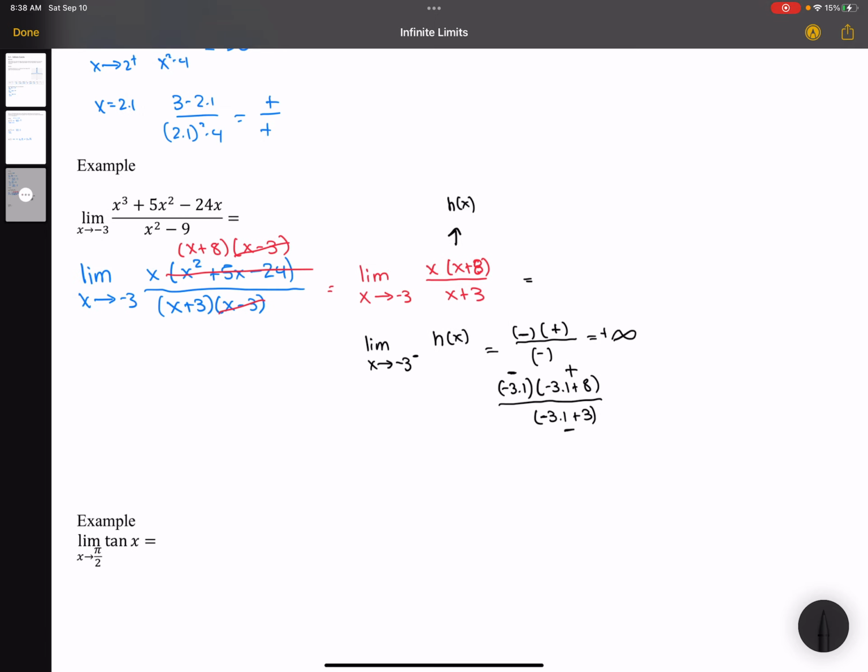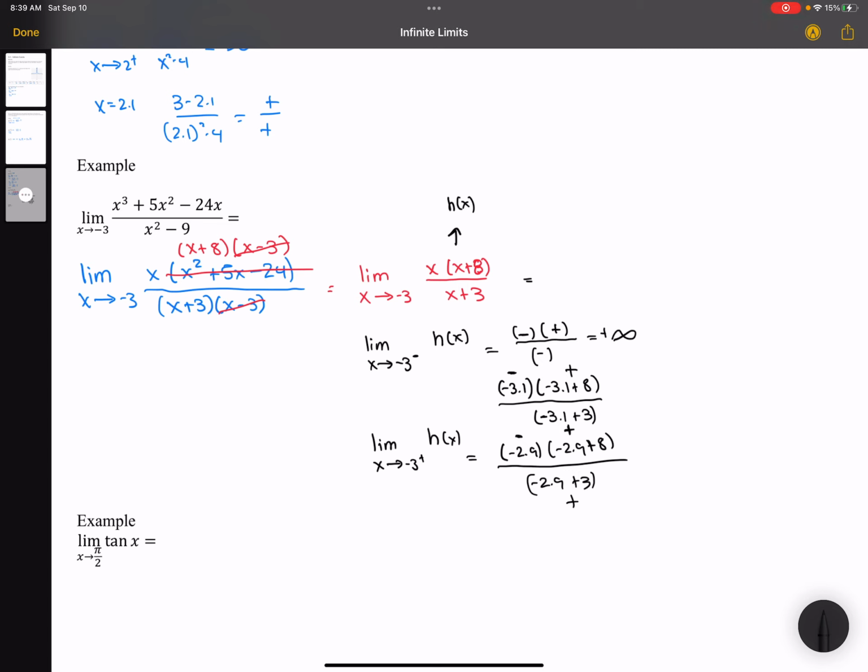Now, if we do the same thing for a value slightly greater than -3, say we use negative 2.9. So we're going to have a negative 2.9, which is obviously a negative, times negative 2.9 plus 8, which is still a positive value, and divided by negative 2.9 plus 3, which is also positive.